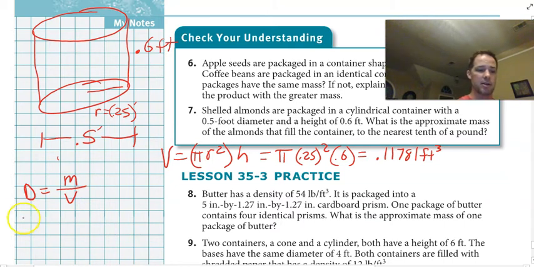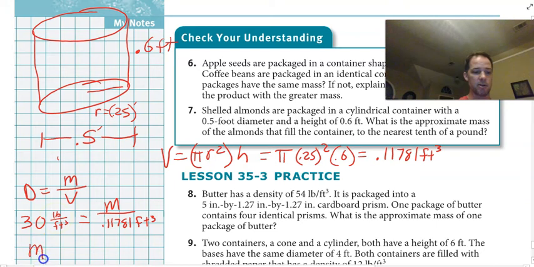I know the density is 30 pounds per cubic foot, equals mass, which is what I'm solving for, divided by volume, 0.11781 feet cubed. So multiply both sides by 0.11781 cubic feet. Over here, the cubic feet cancel out, and you'll figure out the pounds.